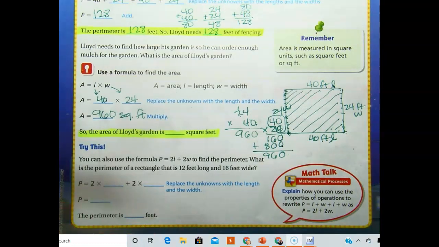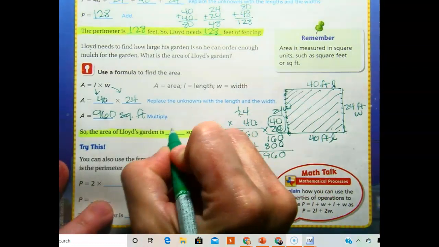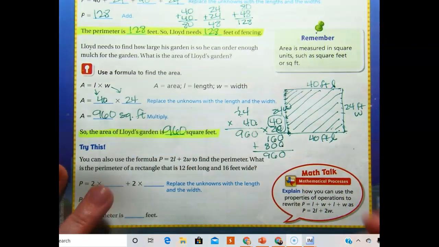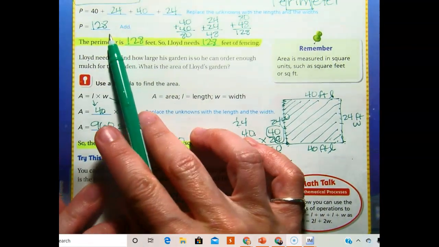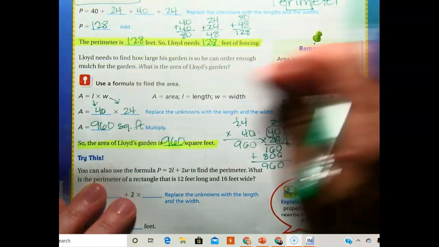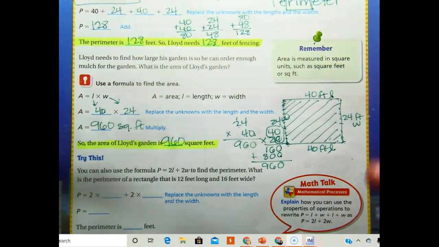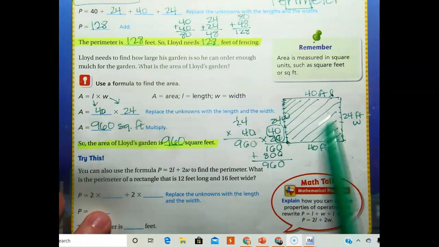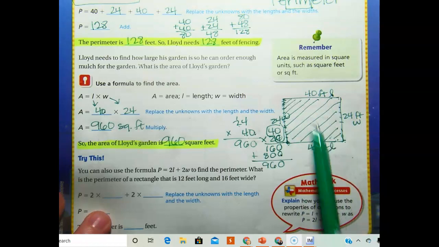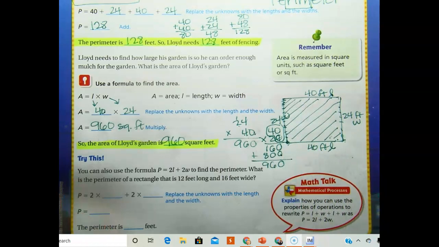That's a lot of square feet, so that's pretty cool, right? Okay, it's a totally different measurement than perimeter, okay? So Lloyd would only need 128 length feet, lengthwise feet of fence, but he would need 960 square feet of soil coverage or grass, whatever he's doing inside this garden, okay?